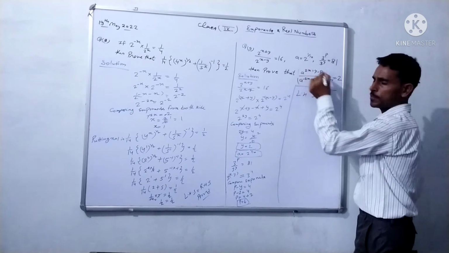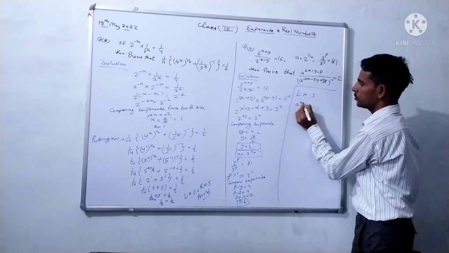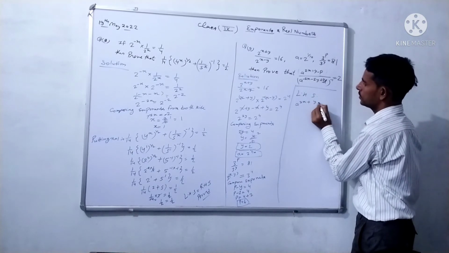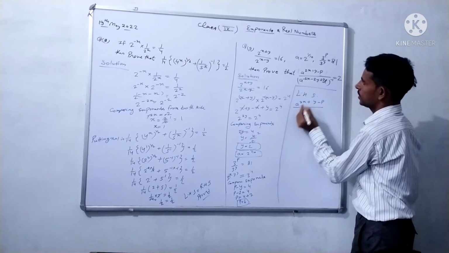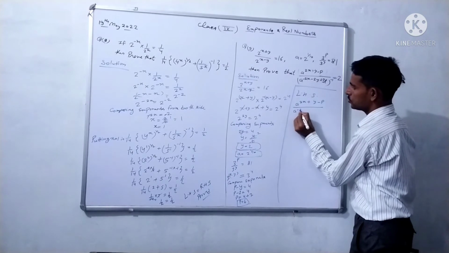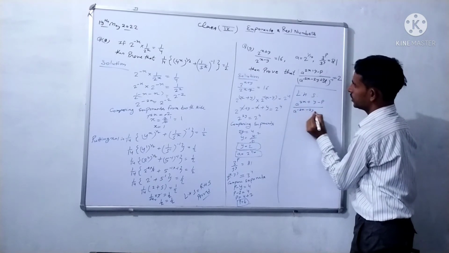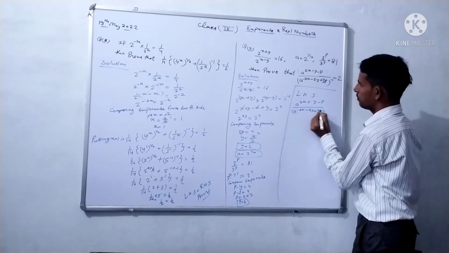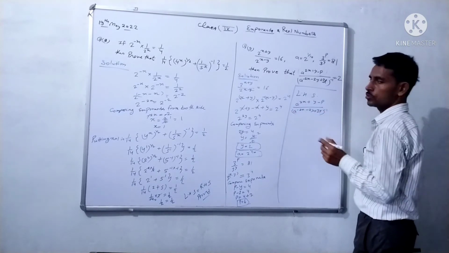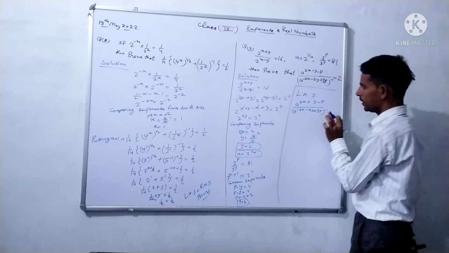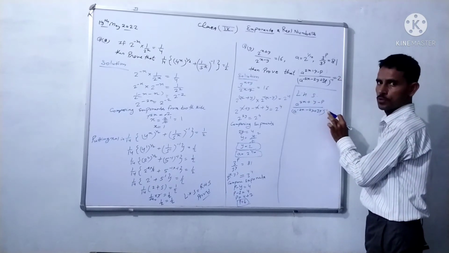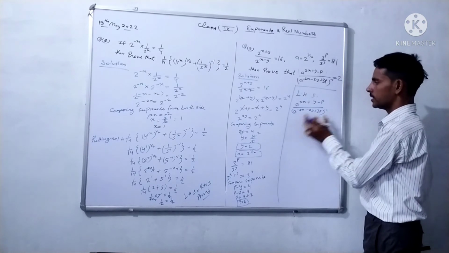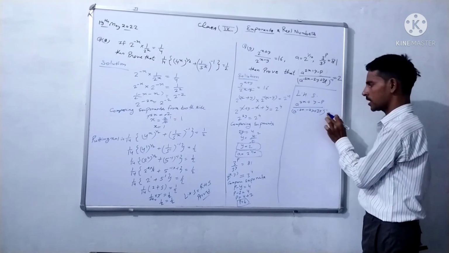In the LHS part we have given (e^(2x+y-3) upon e^(-2x-2y+3p)) whole power minus 1. So we can write all these values. Here the exponent is negative, the denominator part has a negative exponent. So when we take it in the numerator part, its sign will be changed.